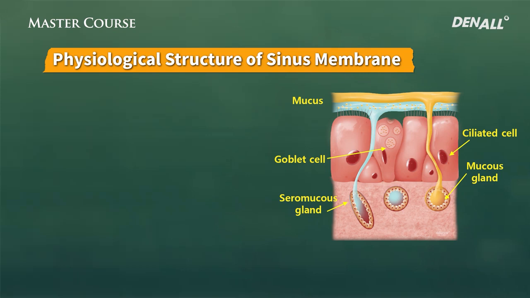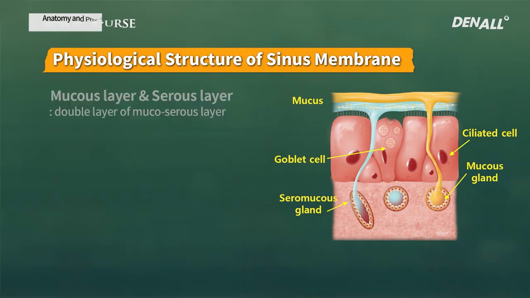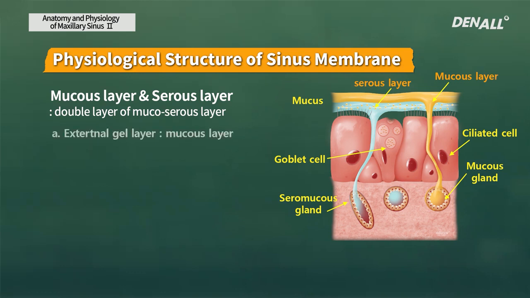The physiological structure of the sinus membrane. At the top, there is a mucous layer, and the serous layer is below there. That's the double layer. The external mucous layer is a gel layer. It is rather thick and viscous, sticky.